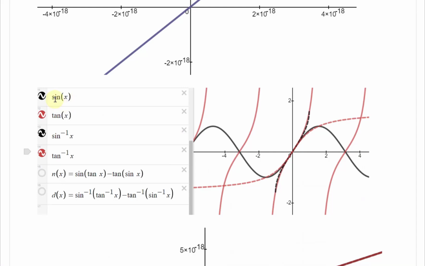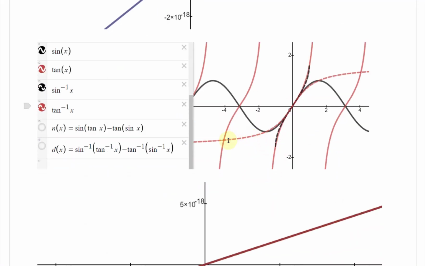And then even if you do it for each of the terms, even the ones inside, so sine of x, tan of x, inverse sine of x, inverse tan of x, the graphs all look like this. Remember the graphs that we had drawn earlier. The vertical red one is the tan of x. It has a period, it keeps going on and on, in other words, it just repeats.